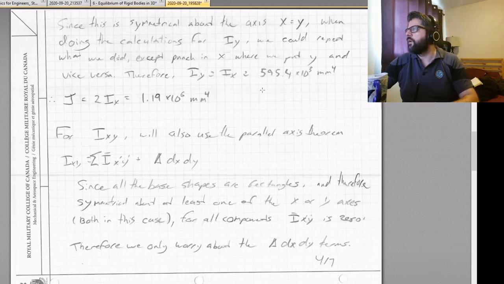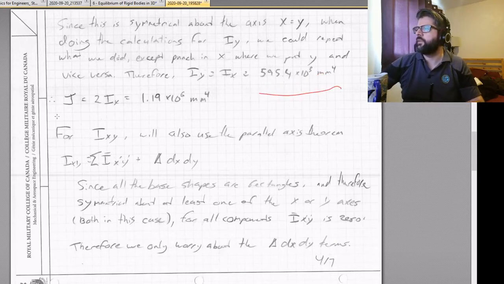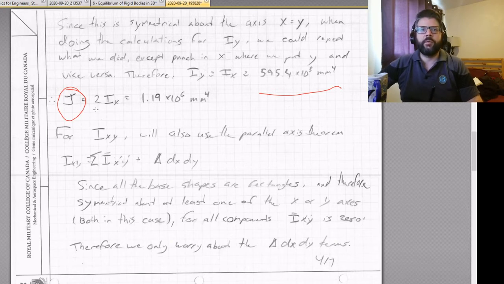So that lets us solve for that, which gives us our J as well. J is always Ix plus Iy. So now we've got 1.19 times 10 to the 6 millimeters to the fourth.